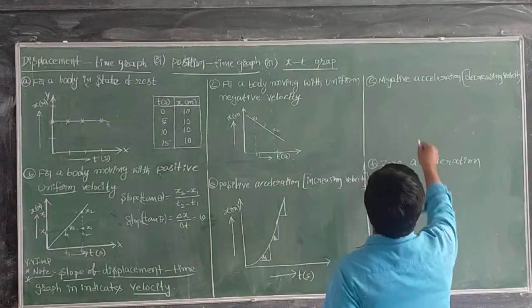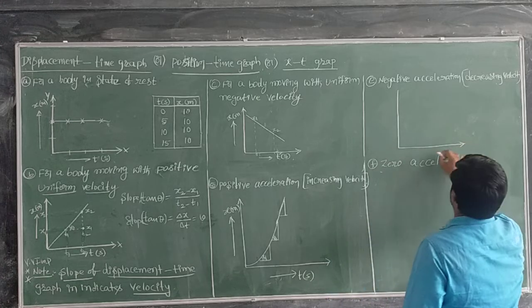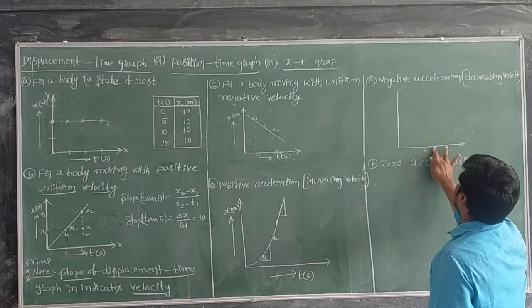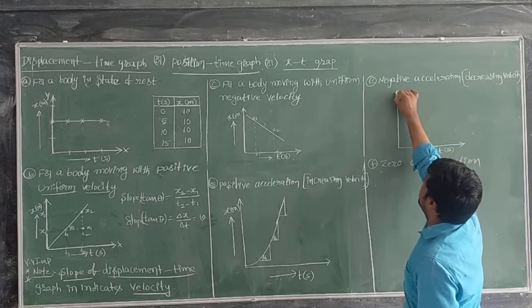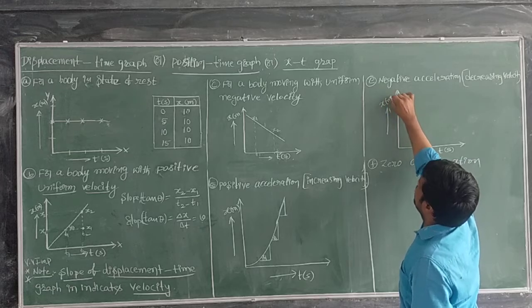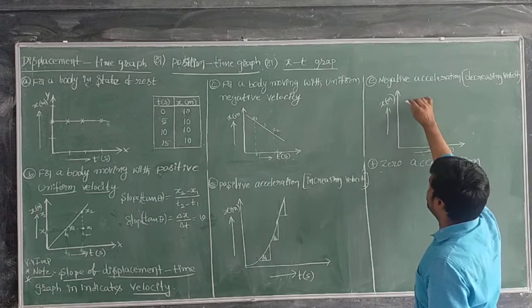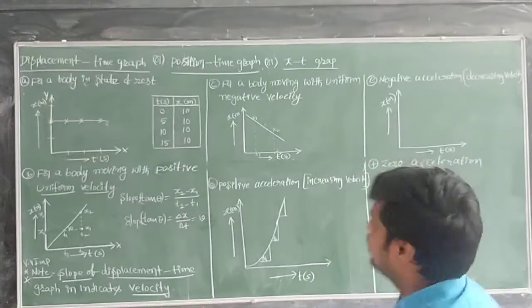Next, negative acceleration or decreasing velocity. How to draw the position time graph? Time we take on the x-axis in seconds, and displacement on the y-axis, like this. In a simple manner we draw the graph like this.